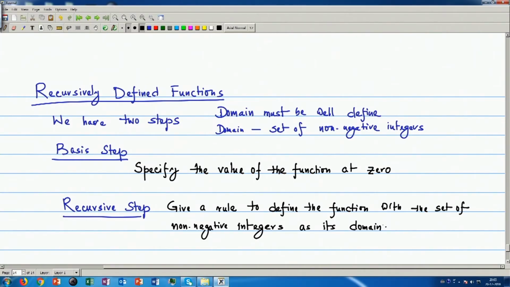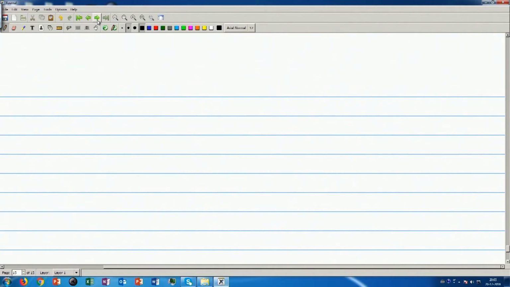We take a very simple example of a recursively defined function. Say basis step: f0 equal to 2.